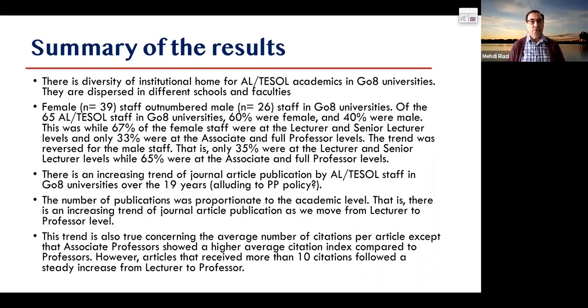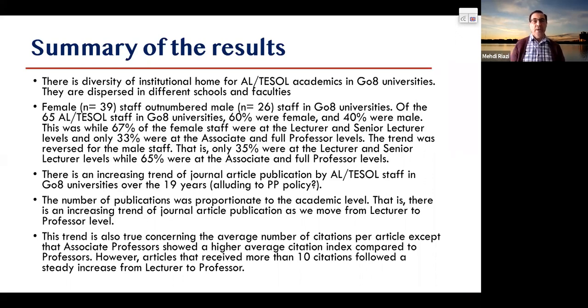This trend was also observed with regard to the average number of citations per article, except that associate professors showed a higher average citation index compared to professors. However, articles that received more than 10 citations followed a steady increase from lecturer to professor.